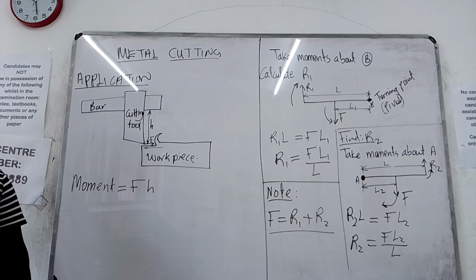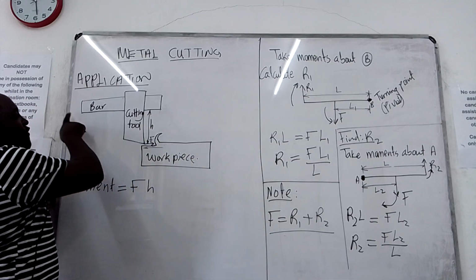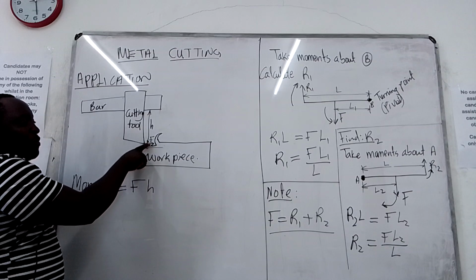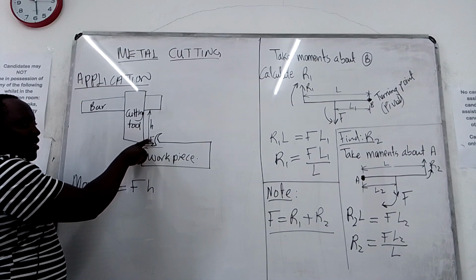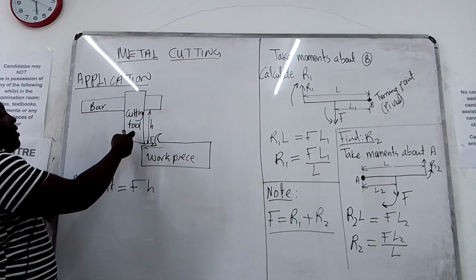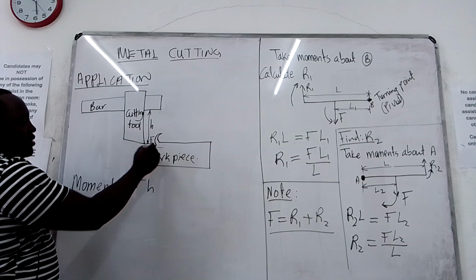Now for you to be able to achieve this kind of application, you need to make sure that there is a force pushing this. That acting force is this one. It is pushing. Then there is a counter reaction. This is the reaction.